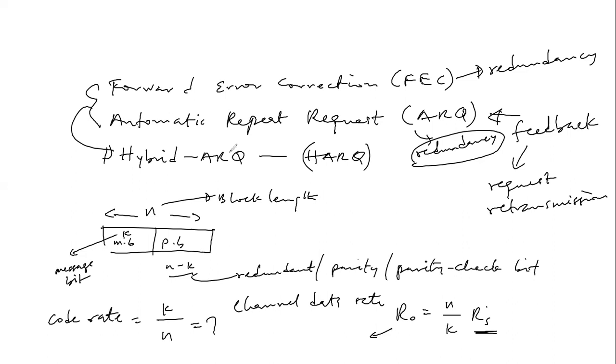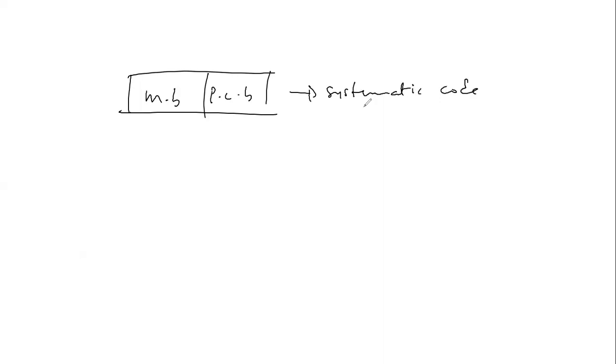Then I also remember that in our previous lecture, we made mention of systematic codes. And there, we mentioned that when the message bit is distinct relative to the parity check bit, then we say this is a systematic code. And most of the codes we are going to be playing with are going to be systematic codes.